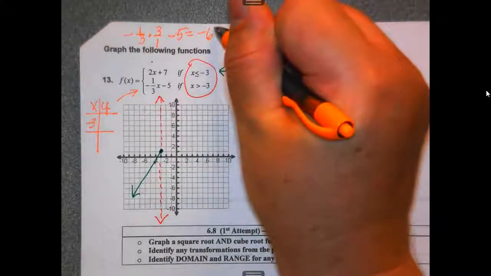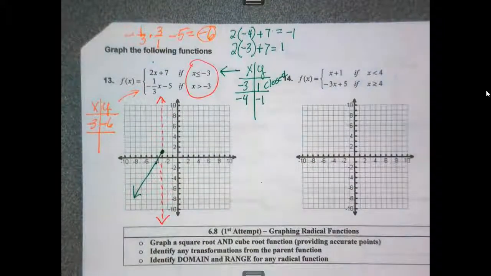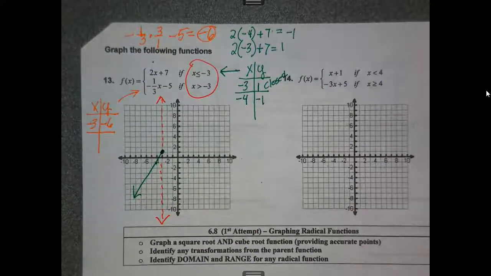Negative 6. Now, you're using negative 1/3. We use negative 3. What would be another good number that is greater than negative 3 that would be easy to multiply to a fraction?